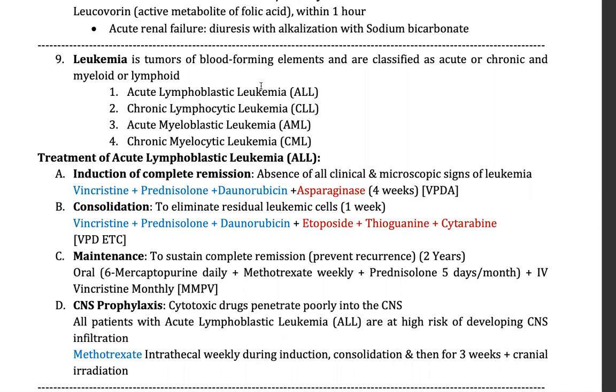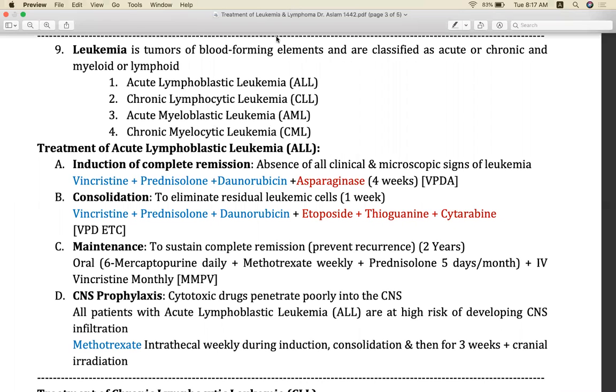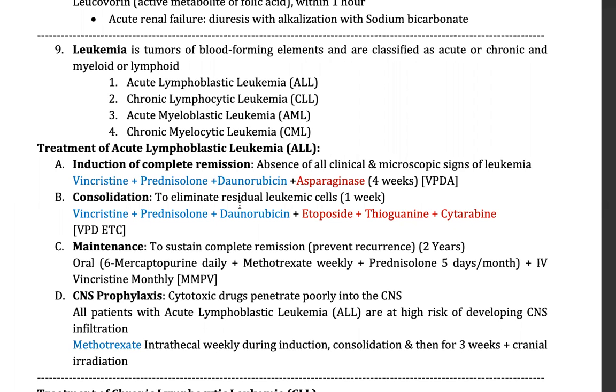As you have seen in the pathophysiology lectures, there are four types of leukemia: acute lymphoblastic leukemia, chronic lymphocytic leukemia, acute myeloblastic leukemia, and chronic myelocytic leukemia. Now, what is the treatment strategy? We will go one by one.